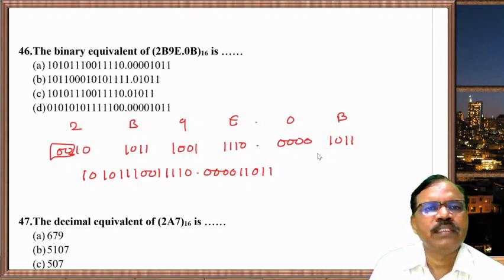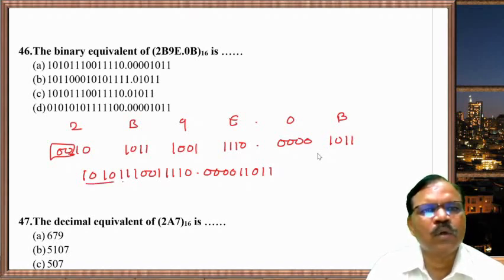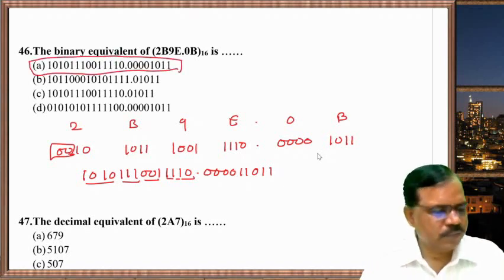So if we see here 1010, here 1010, 111001 1110, and this first one is correct.